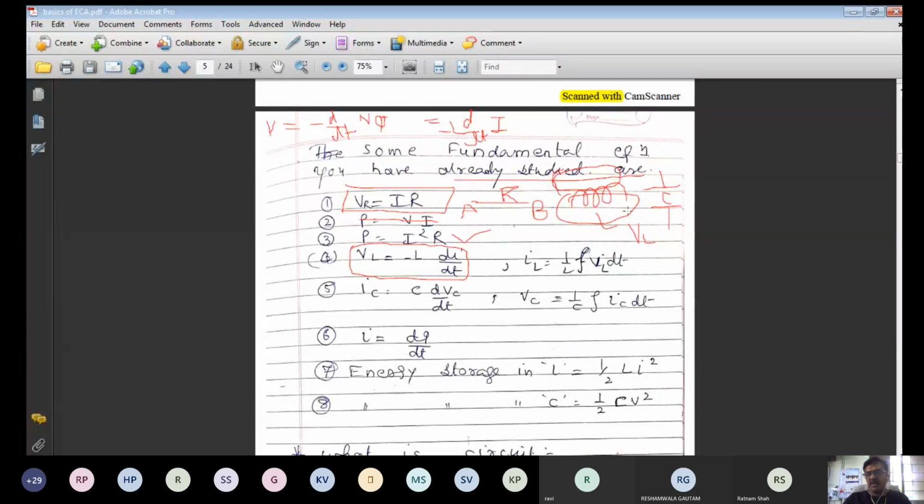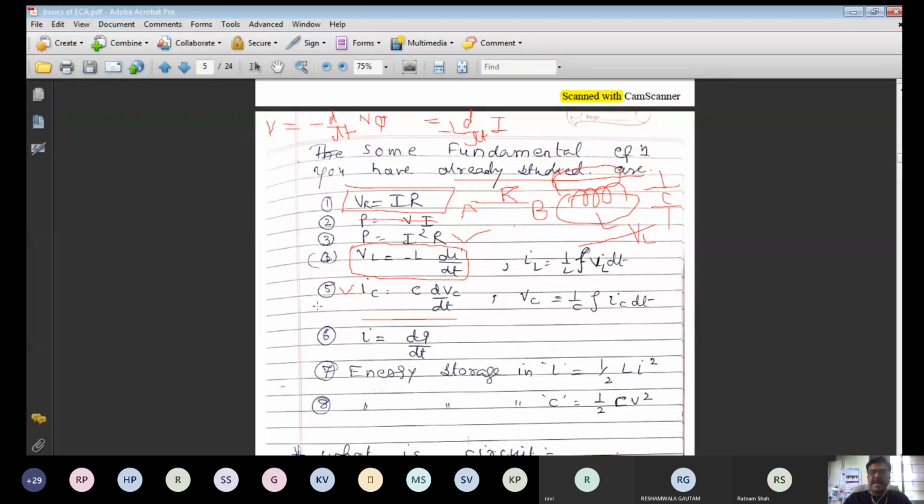Now for capacitance C, we have an equation for current, because inductor and capacitor are somewhat different components compared to the resistance, where no EMF is induced. The current in the capacitor IC is given by C dV by dt.